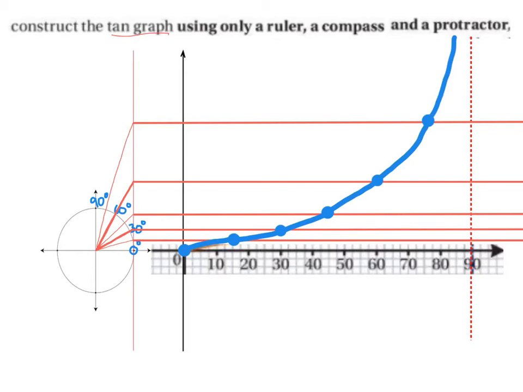Now we could continue to the left of our y-axis. So we could start drawing lines or angles below what would be the x-axis. So for example here we could have minus 15 degrees, minus 30 degrees, minus 45 degrees, and so on.